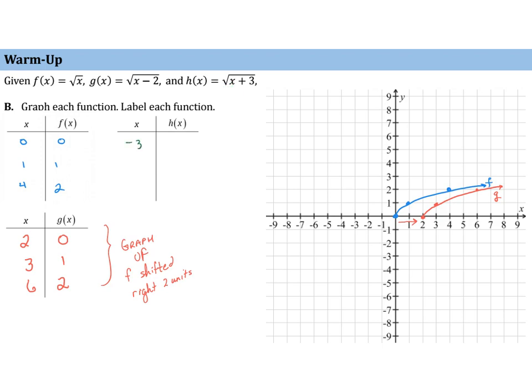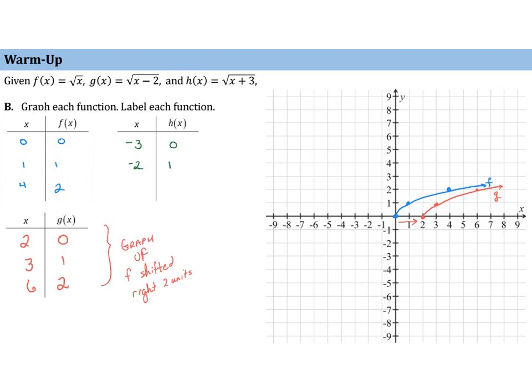So let's try negative 3. The square root of negative 3 plus 3 is 0. Now if we want to put 1 into the square root, we're going to have to use negative 2 plus 3. So negative 2 plus 3 is 1.